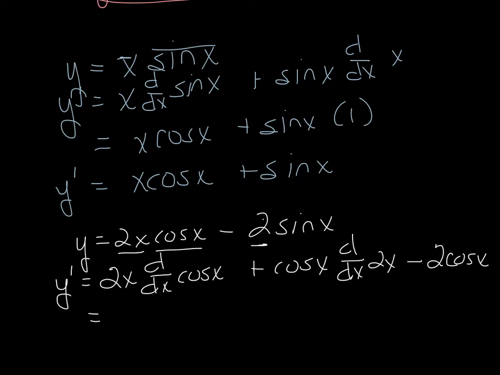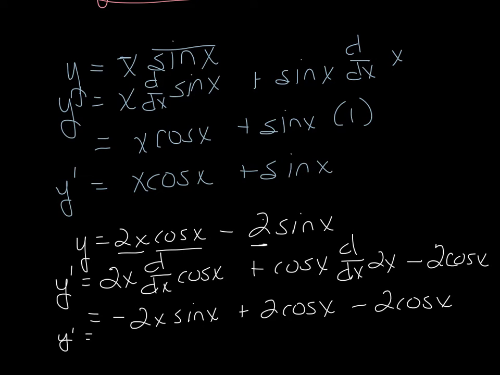We'll have the derivative of the cosine is a negative sign, so we have negative 2x sine x. And the derivative of 2x is 2 plus twice the cosine x minus twice cosine x. So this derivative is simply negative 2x sine x.